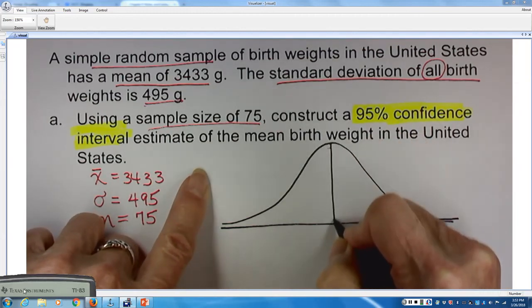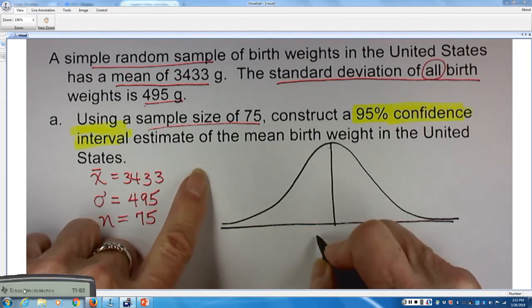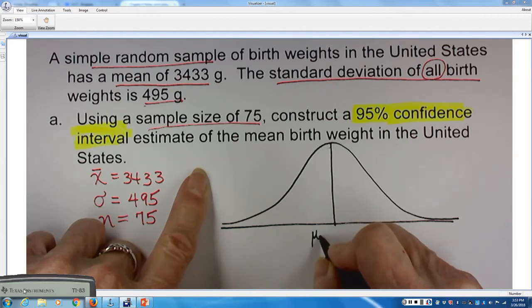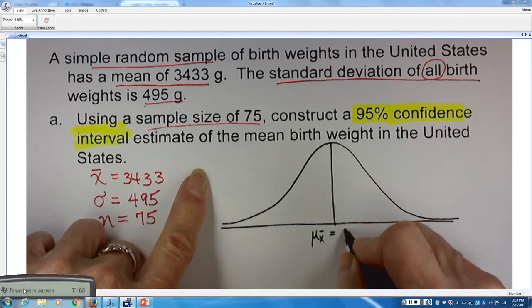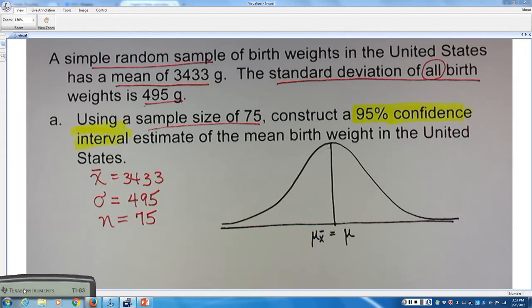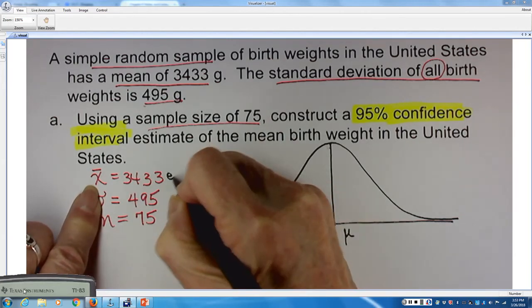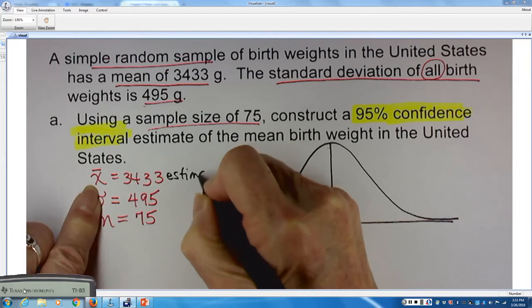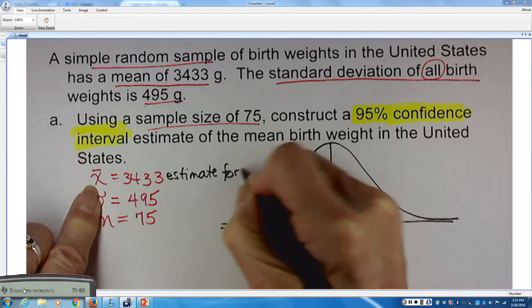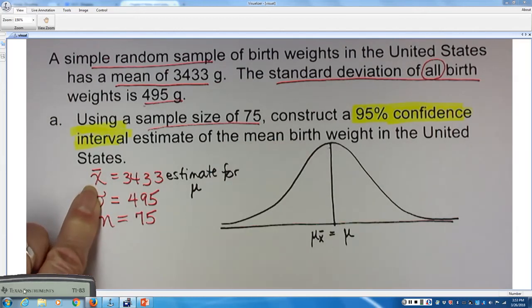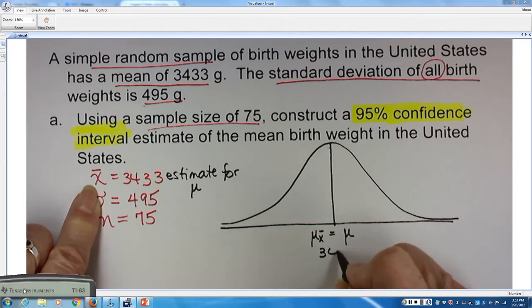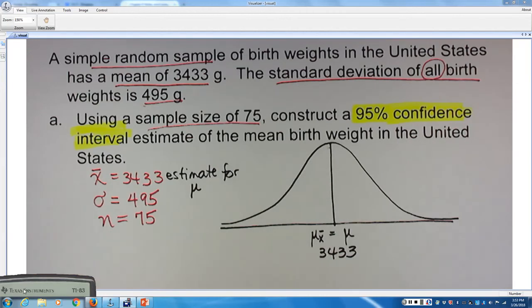And our best guess for the value of mu, which is the mean of the sample means and the mean of the population, is going to be the sample mean that we've got, because it's the only evidence we have. So we put 3433 in the middle.